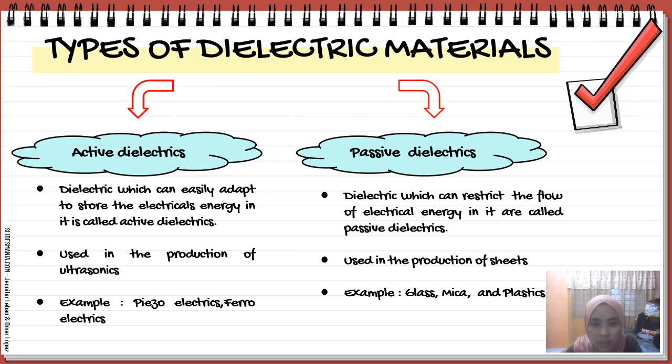The passive dielectric is a dielectric which can restrict the flow of electrical energy. It is used in the production of sheets. Examples of passive dielectric are glass, mica, and plastic.